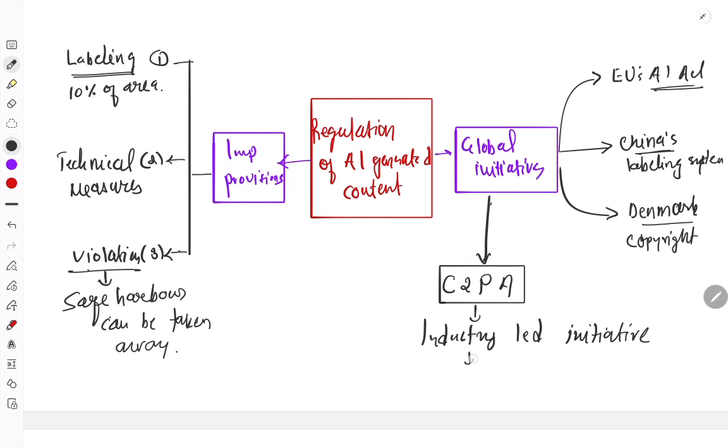This is under a project called Project Origin, to identify the origin of the content. Second is the Content Authenticity Initiative.